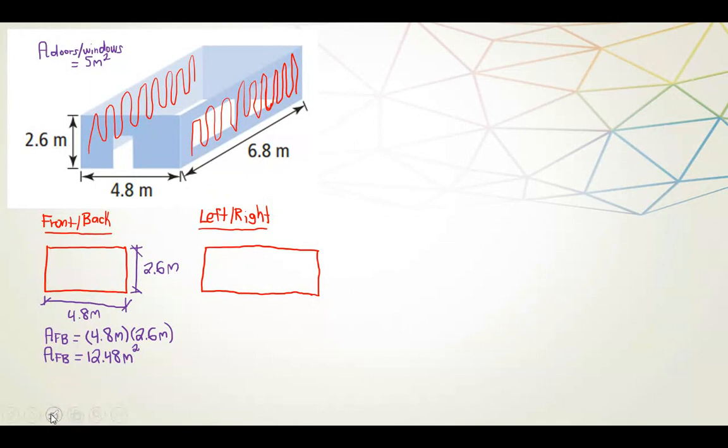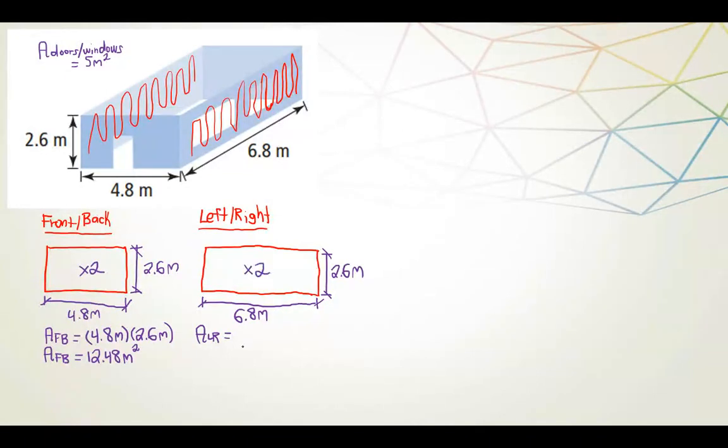Label the dimensions. This rectangle is 6.8 meters across, and the height of that rectangle is 2.6 meters, the same height as the other one. We'll write down ALR, the area of the left or the right face. By the way, we should identify how many times this repeats. The front and the back repeats twice. The left and the right side also repeats twice.